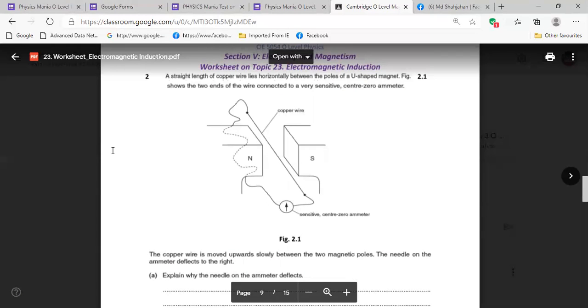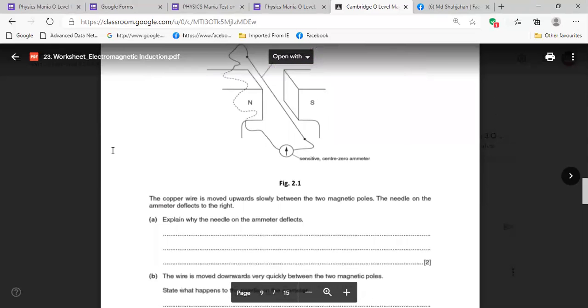Explain why the needle on the ammeter deflects. Okay, so you could write it, right? This one is very easy. Why is the ammeter deflecting? Because the wires cut the field lines. Again, the wires cut the field lines, more specific: magnetic field lines.